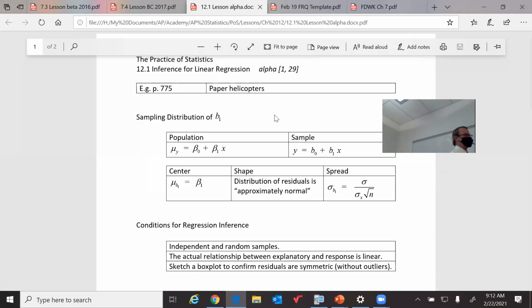So, the sampling distribution of the sample slope. Compare the population, which has capital letters, versus the sample, which has lowercase letters. Non-biased estimator, mu.